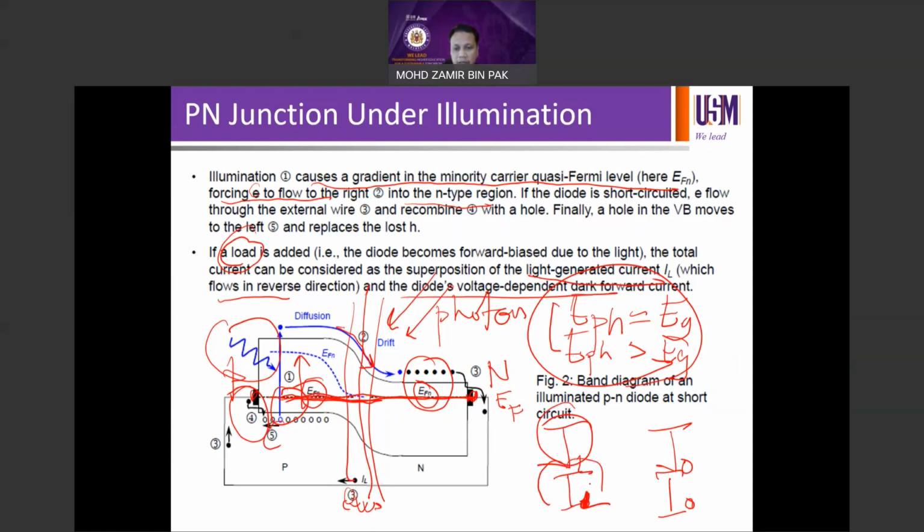This I, on the other hand, is just a current, photo-generated current, but it's not over cm squared. For the first one, if we're talking about milliamp, then it's going to be over cm squared. But for IL, it's just milliamp without cm squared, right? But you can represent either in the form of J or in the form of I for both cases, right?